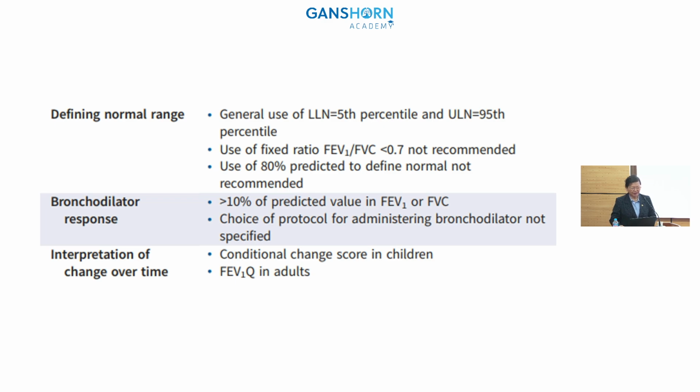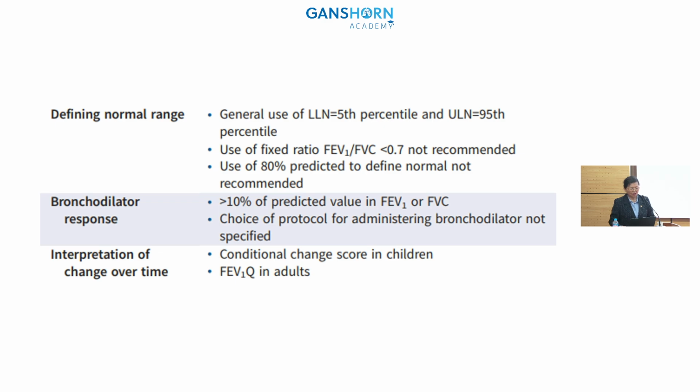For the normal range, we will use the lower limit of normal, which is the 5th percentile, and the upper limit of normal for lung volume or DLCO, the 95th percentile. Remember that even GOLD 2024 still uses the ratio FEV1 over FVC less than 0.7, but with the GLI and also ATS ERS, this is not recommended; you have to use LLN, the lower limit of normal, for this ratio.